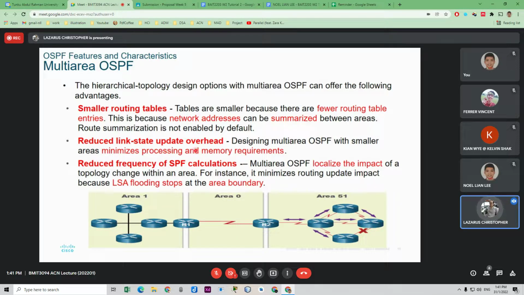Reduced link state update overhead means less information is shared, so your bandwidth doesn't need to be too congested. I mentioned this already: the router doesn't need server-like power or high-spec components, because we have smaller routing tables, fewer routers in the area, and less information to be shared, so the router doesn't have to process so much.